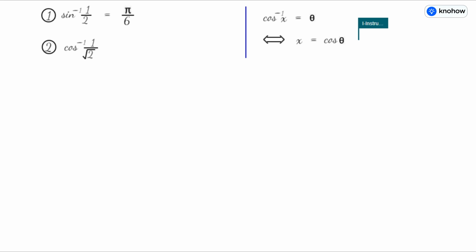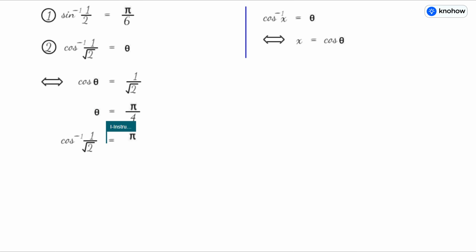So cos inverse 1/√2 is an angle such that cos theta is 1/√2. What is that angle? There may be many more, but at least pi/4 is there. So cos inverse 1/√2 is pi/4, because cos pi/4 is 1/√2.